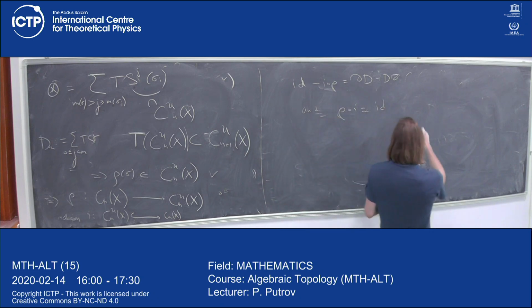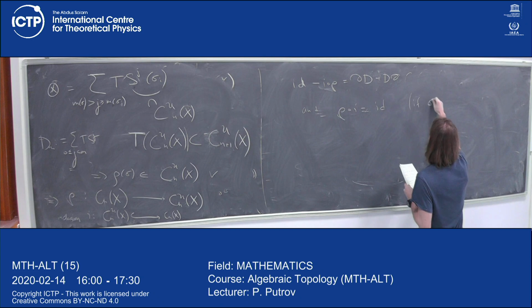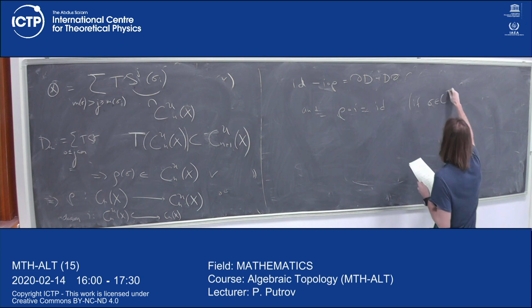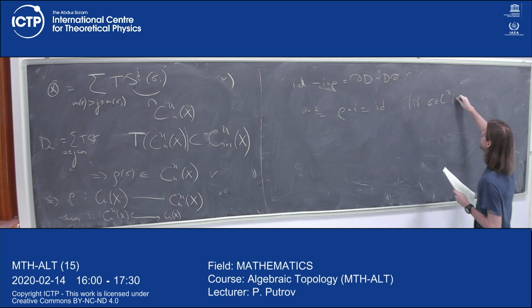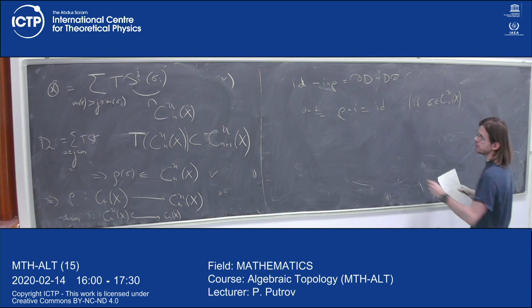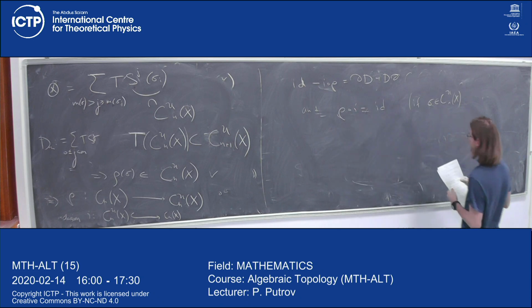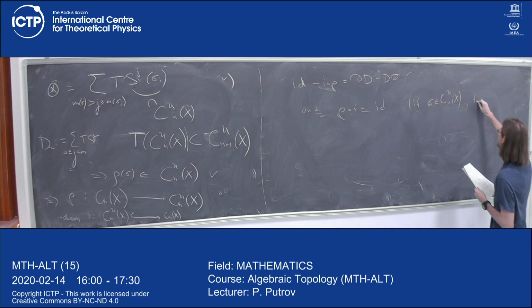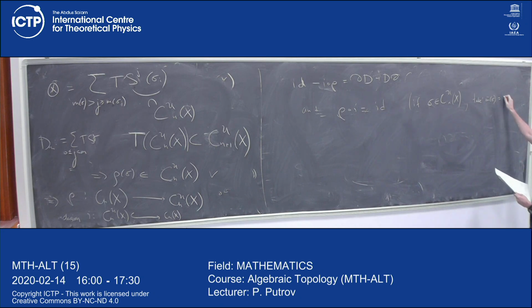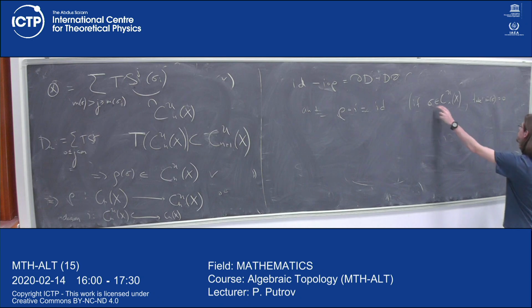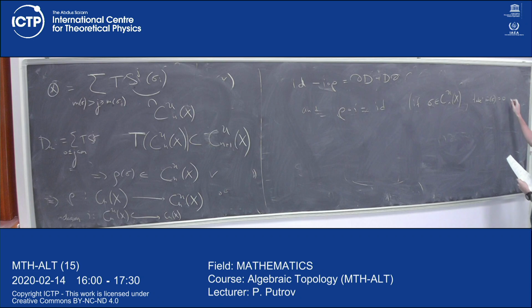Why is that? Because if we start with some sigma in Cn of X, somewhere in the image of this inclusion, then we can take M of sigma to be 0. We don't need to first subdivide the sigma. So we can just take M of sigma for such sigma to be 0, and then D acting on sigma will be just 0.